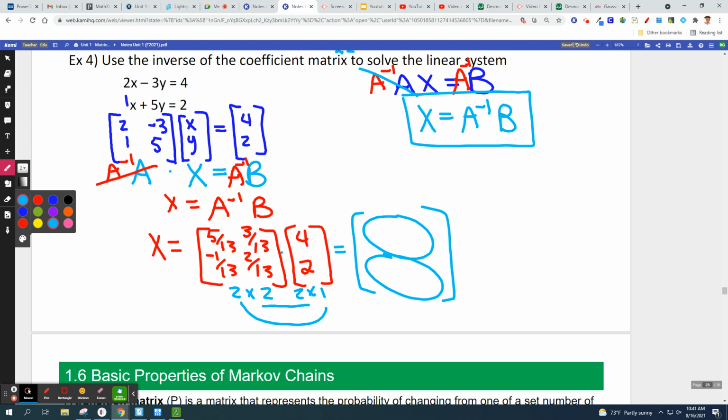This is kind of rough with the fractions. Maybe you need to make your bubbles bigger. But we want to do row times column right there. When I zip up the numbers, 5/13 times 4 is 20/13. And 3/13 times 2 is 6/13.